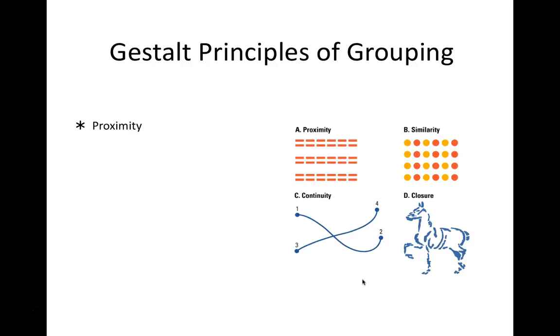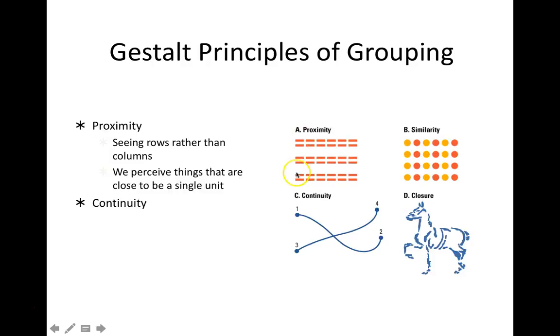proximity. The principle of proximity is that things that are closer together tend to get grouped together. We could see this logically just as easily as a set of columns or as a set of rows.